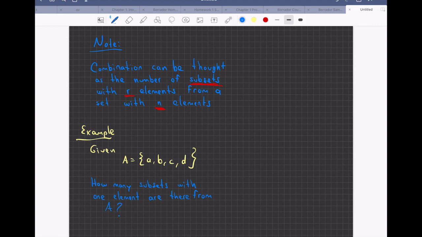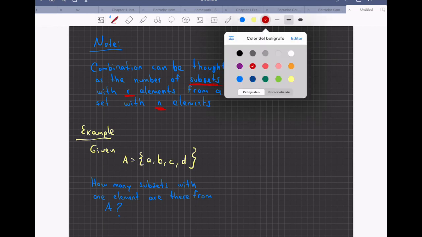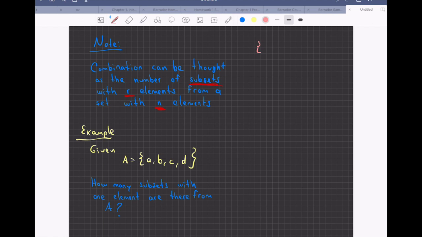So we can count in this case the subsets. Notice it's not very complicated, because each subset with one element is a subset with the corresponding element. For example, one is A, other one is B, other one is C, and other one is D. Here I have 1, 2, 3, 4 subsets. They are subsets of the set, and each has one element.